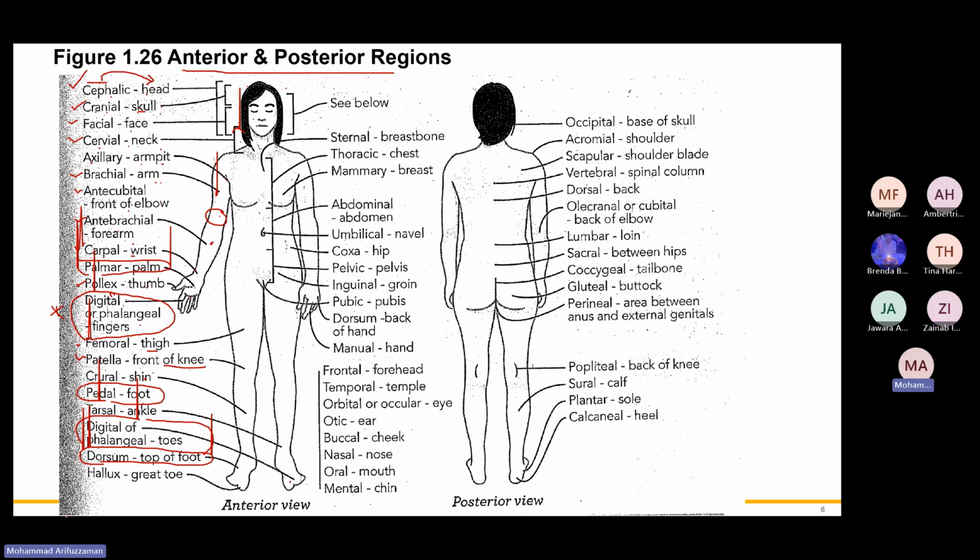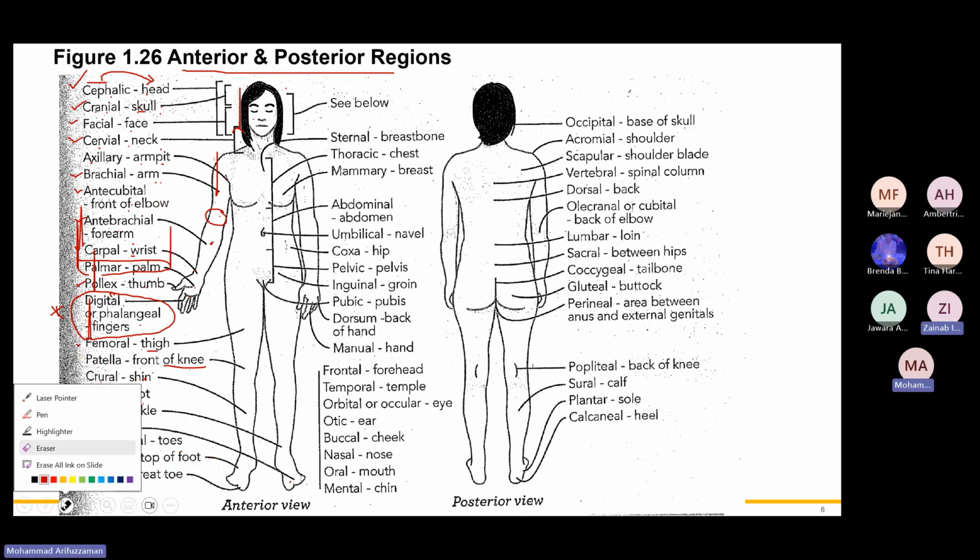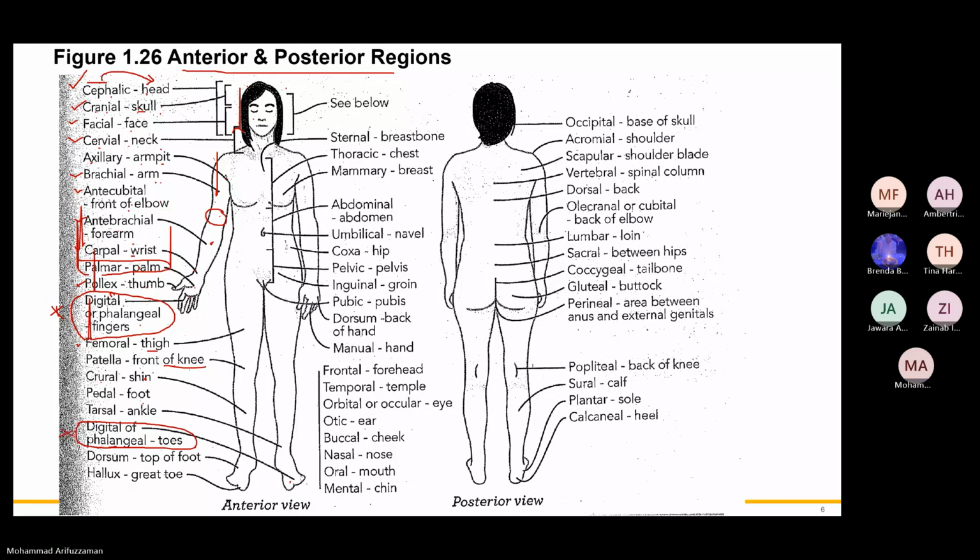Sometimes you'll find questions in these exams. For example, the phalangeal structure may be pedal. Let me give a question here. What is phalanx? What are phalanges? The phalanges are the toes.